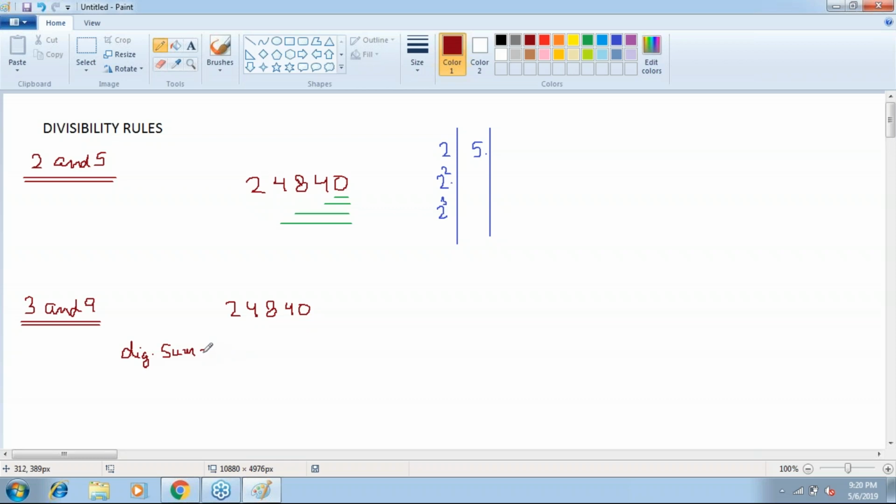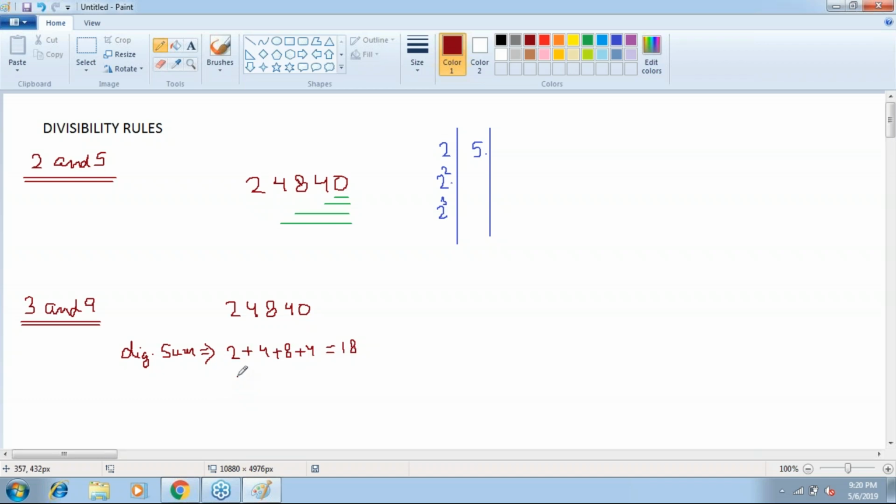Digit sum is a little different from the sum of the digits. How? The sum of the digits is 2 plus 4 plus 8 plus 4 plus 0, needless to write, which is 18.